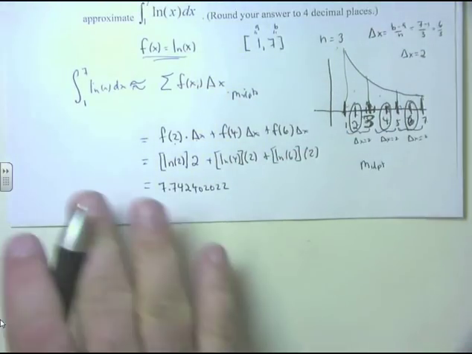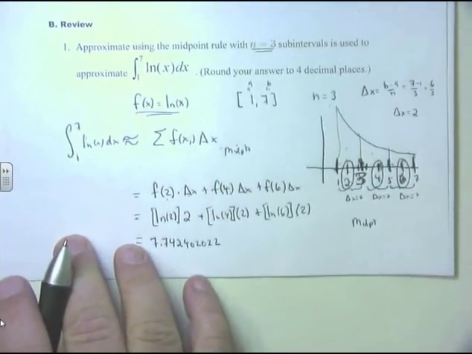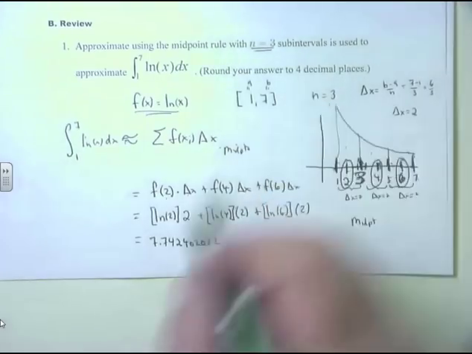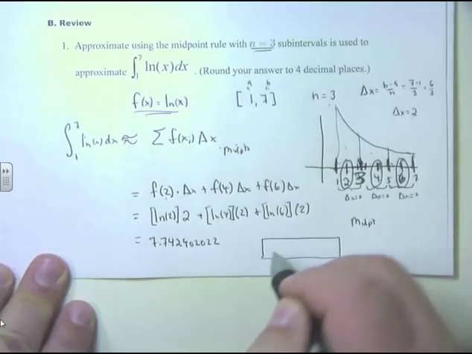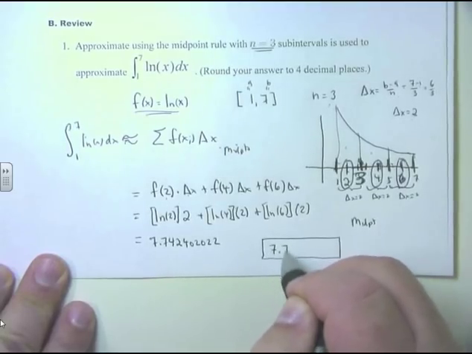And to answer any kind of web work question that we're throwing at you guys on this stuff, they want it to 4 decimal places. So my answer would be, for 4 decimal places, 7.7424.